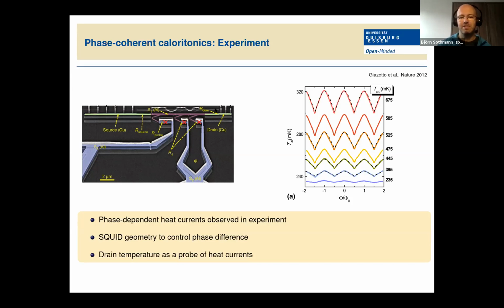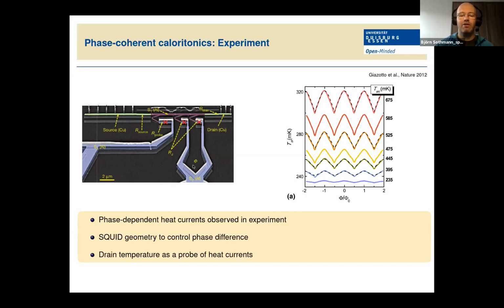That's basically the same technique as we have just heard about. And in the middle, in violet and in blue, we have several superconducting elements that form 3 Josephson junctions marked by the red crosses here. And the phase difference across these 2 junctions can be controlled by changing the magnetic flux through this loop.